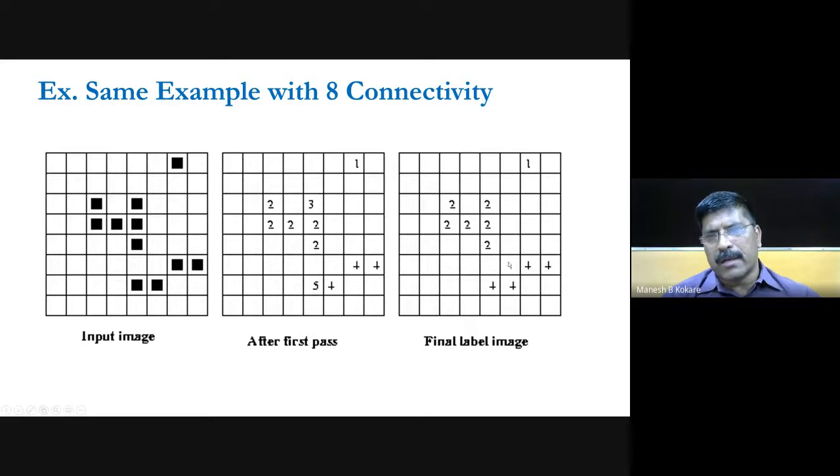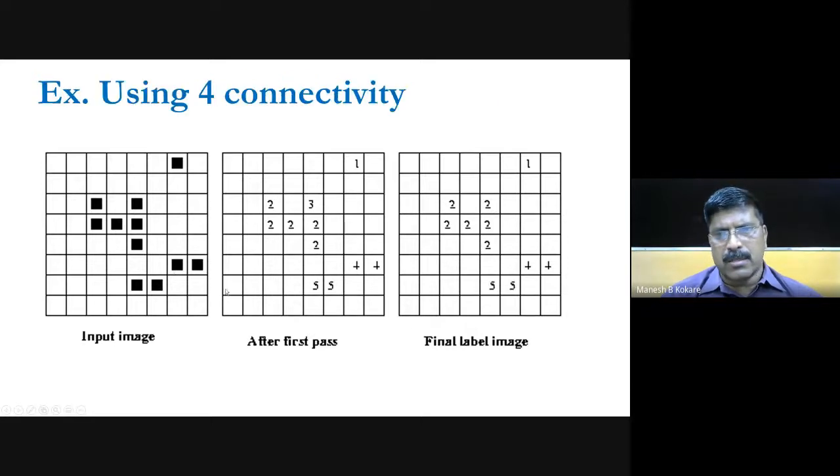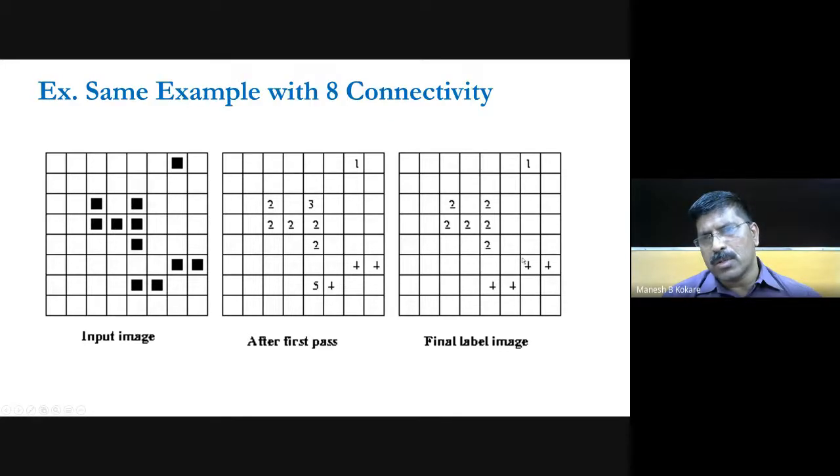Earlier this region had 4 different labels, but with 8 connectivity these pixels are connected. So whatever label was given to the earlier pixel will be replaced with this label. So this will be replaced with 4, again this will be replaced with 4, so this whole region will become 4. Then this will become 2, and this will become 1.